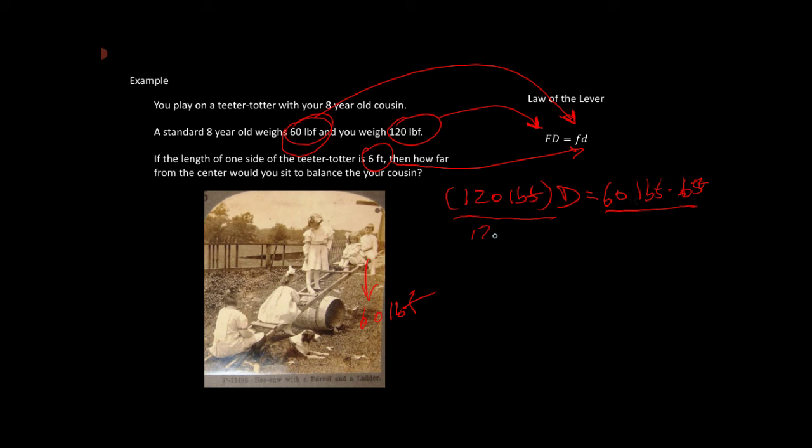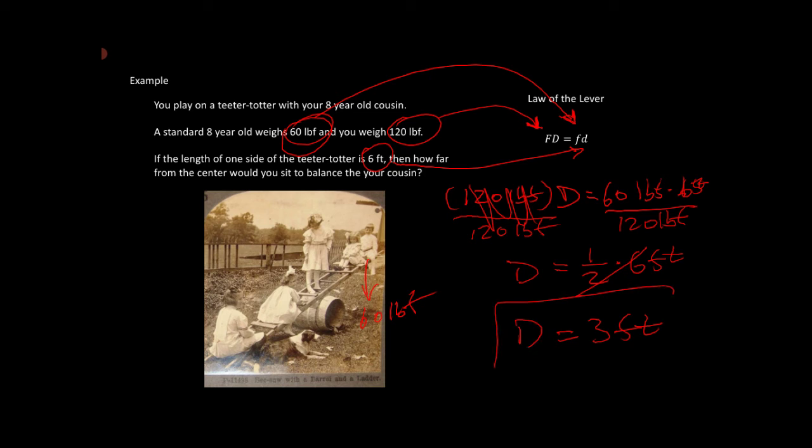So the first thing I do is I divide by 120 pounds. Okay, this cancels this, so we have D is equal to 60 over 120, which is 1/2, times 6 feet. Okay, and then we divide that out, so we have 3 feet. So you are going to want to be 3 feet, halfway through here, because you weigh twice as much.